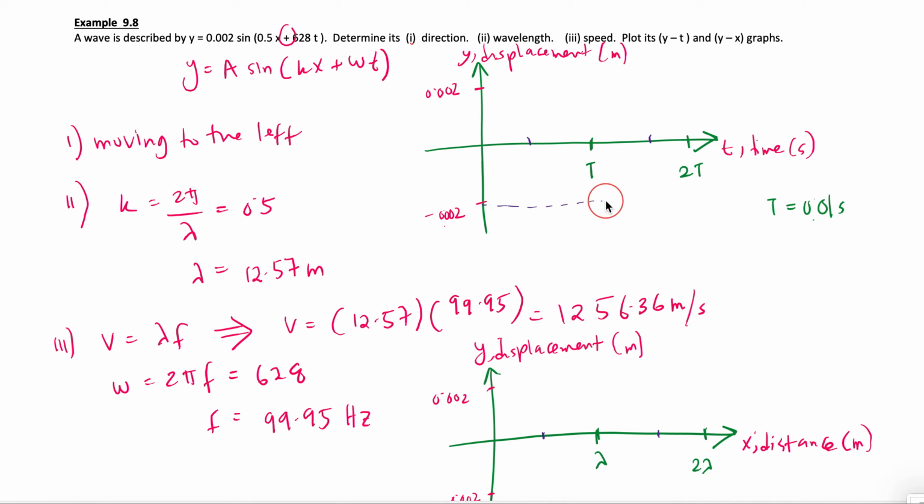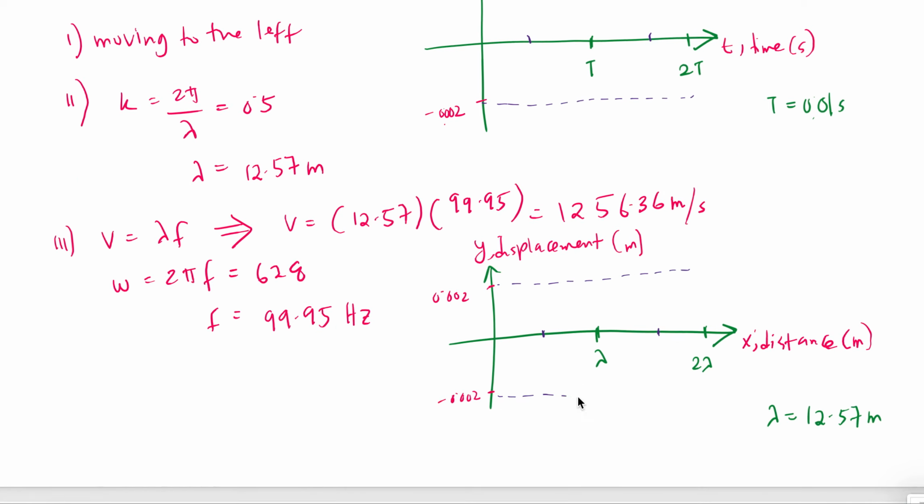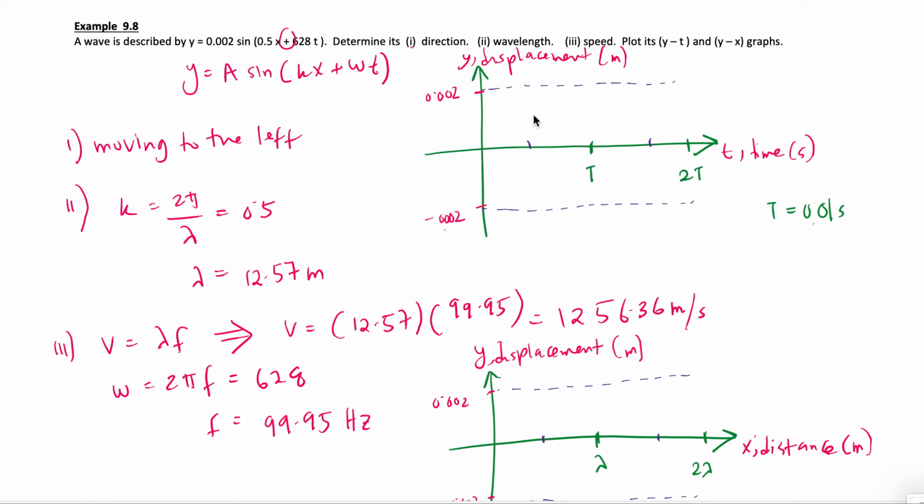Even though it looks messy, you must understand that I'm doing this on a tablet, not with a ruler. So this is sine, not flipped. So one cycle, then second cycle.